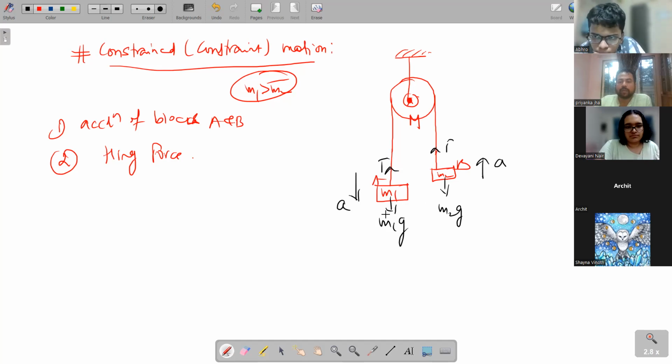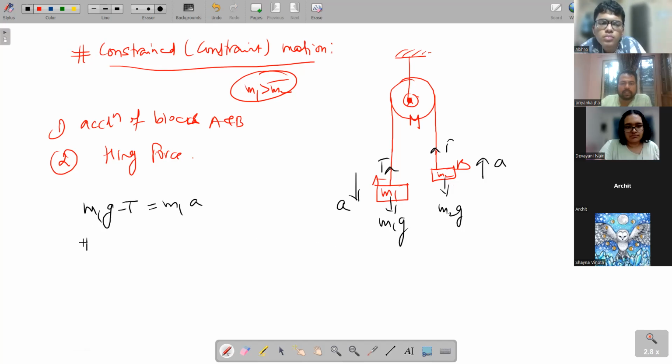Now we have to find the acceleration of the block. Net force for M1 has to be in the downward direction, so M1G must be greater than T, then only it will come down. So the net force, M1G minus T, equals mass into acceleration, Newton's second law.